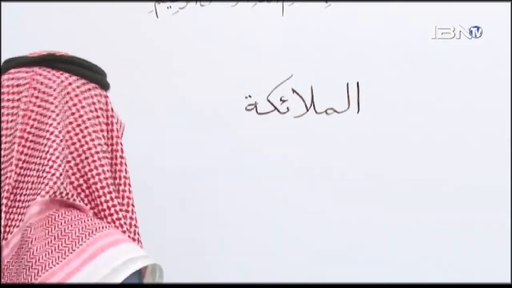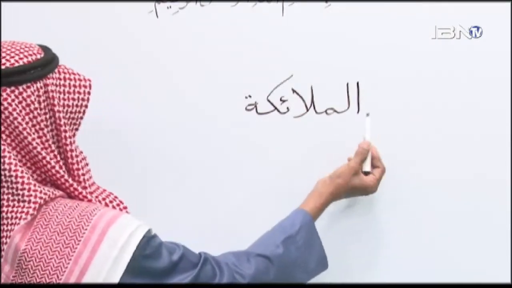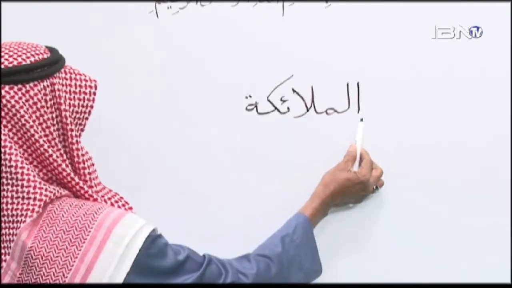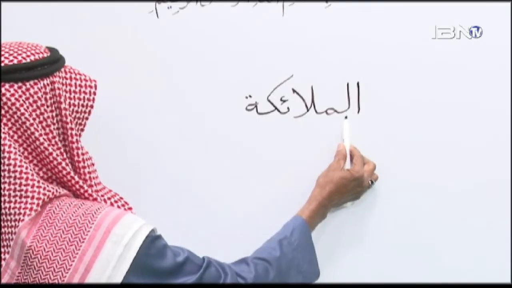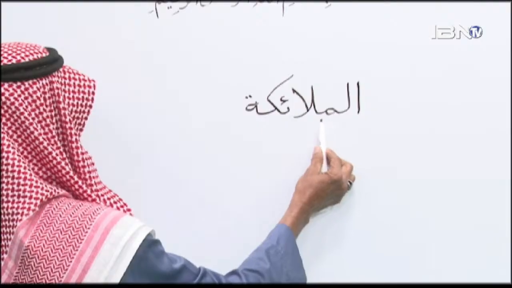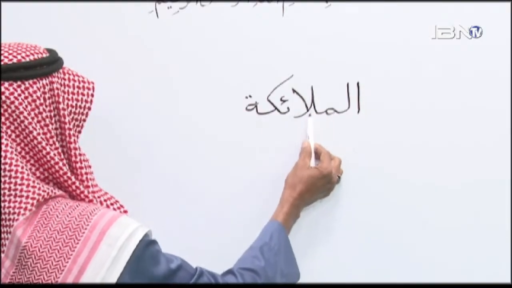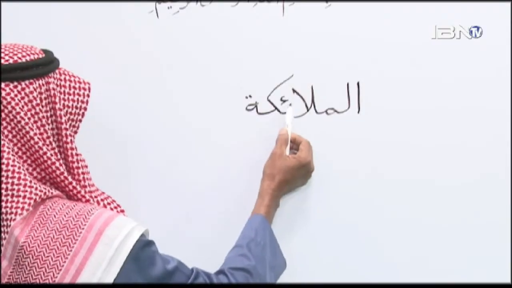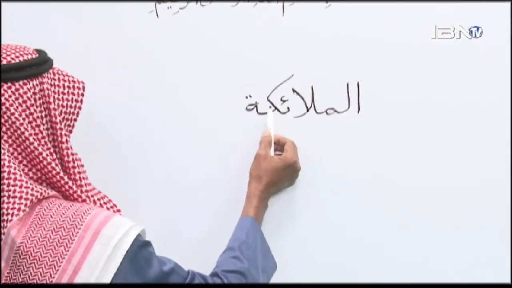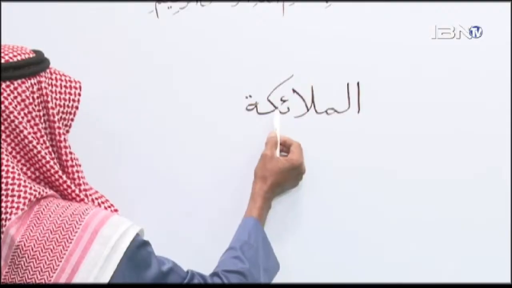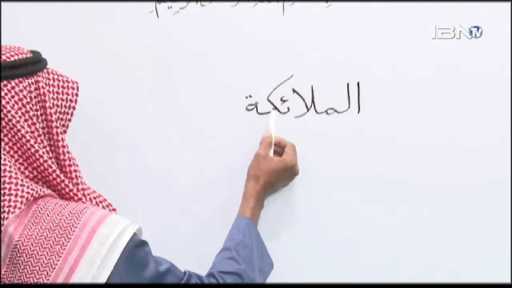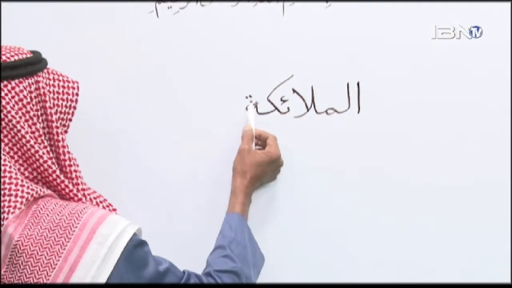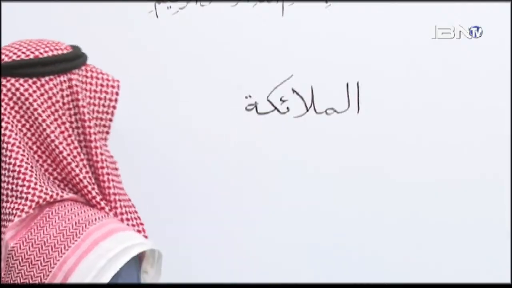All right. So we identify the letters Alif, Lam, Mim, Lam again, and Alif, Hamza on the chair, Kaf, and this is the attachment line here, and this is the letter Ta, the closed Ta.